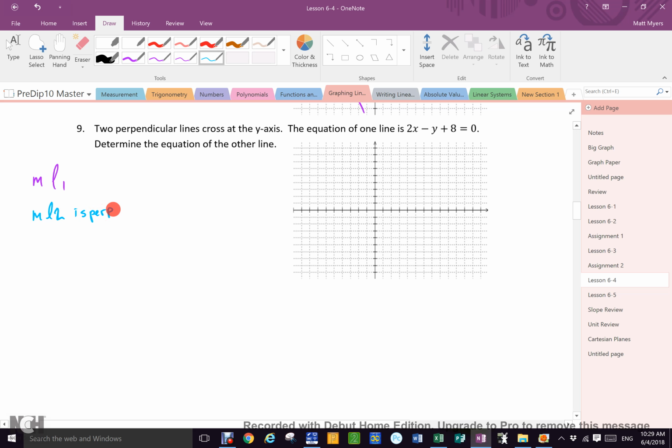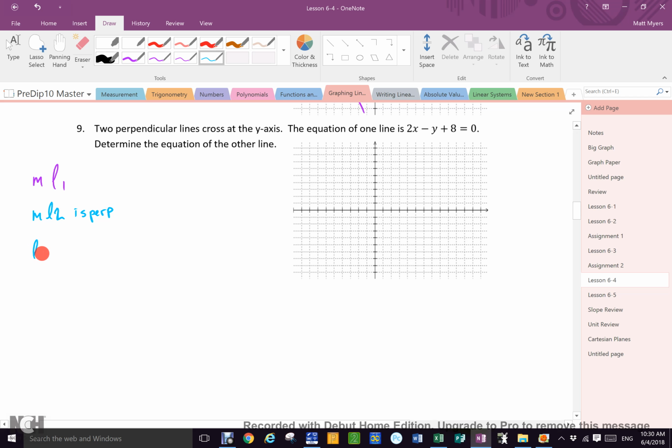Nice. What else do you know? They cross at the y-axis, so that means they must hit the y-axis at the same spot, yes? So what must they share? They share a y value, and that y value is the y-intercept, isn't it?